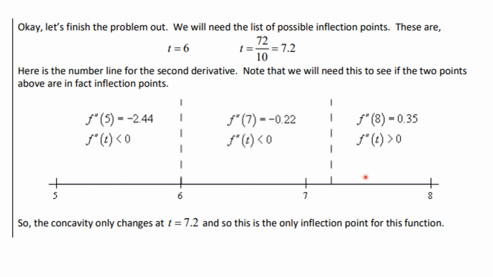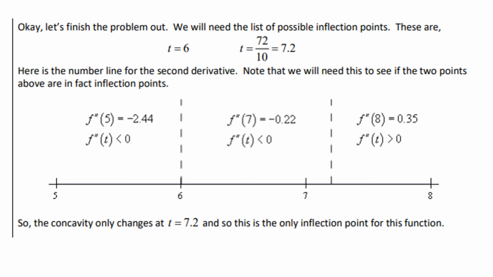The 6 is over here and the 7.2 is over here. And now we're going to evaluate what is happening with the second derivative. Here at 6 we see that the concavity is concave down and concave down, so it doesn't change at 6, but it changed from concave down to concave up at 7.2. So the concavity does change only at t equals 7.2, so that is the only inflection point for this function.